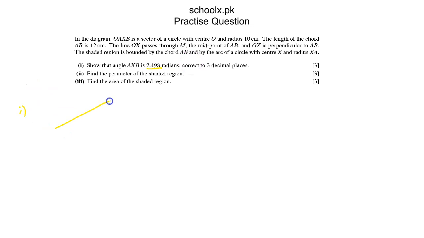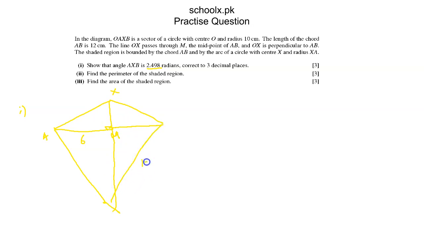The triangle AXM is like this. This is A, X, M. We know this is 6, this is 90 degrees, and we don't know this side, and we don't know AX either. So basically, it's like this. This is the shape of a kite.